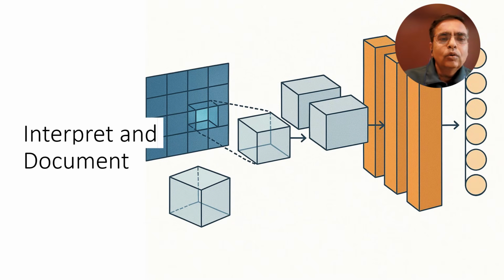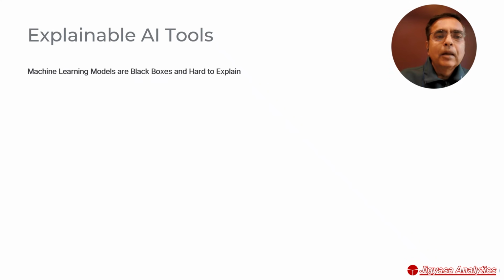Let us now talk about how to go about using AI to better interpret our models and document it properly as well. Machine learning models provide greater accuracy for credit risks. And because of that, there is this need to be able to use them, but then they are very hard to explain.